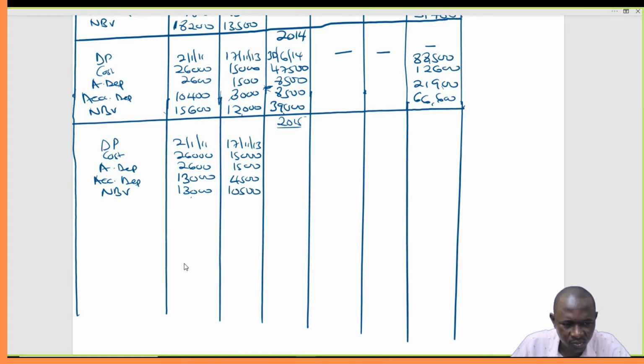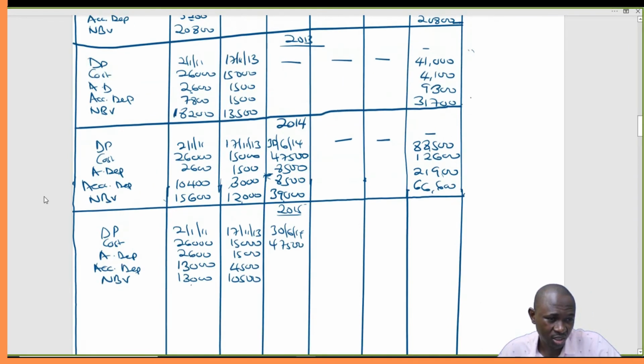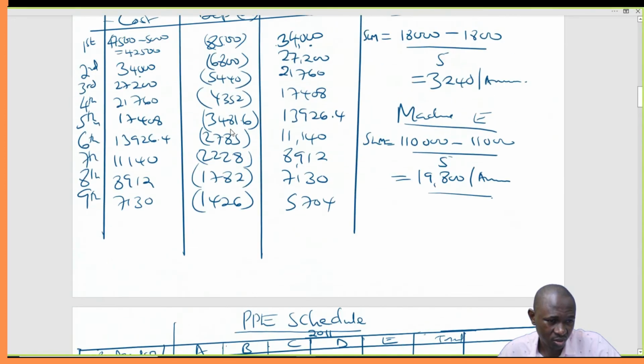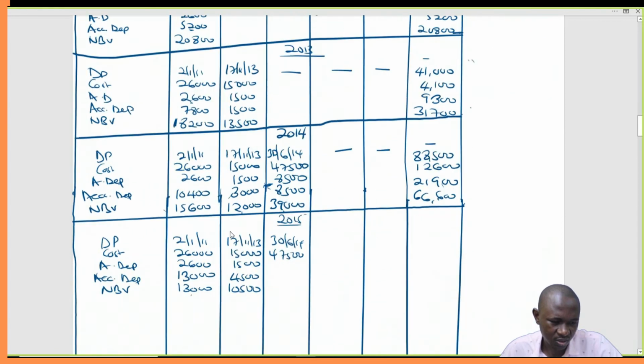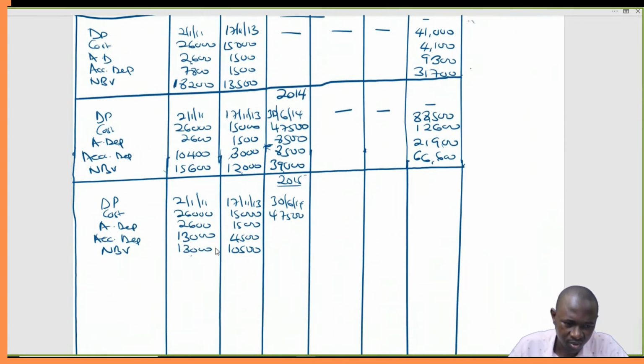Then for this one, it was bought in 30/6/14. How much was it bought at? 47,500. What is the annual depreciation? Now this one you have to go back and check because it keeps on changing. The second year it's 6.8. You can see second year 6,800. So we'll come here, pick 6,800. And then what is the accumulated depreciation?